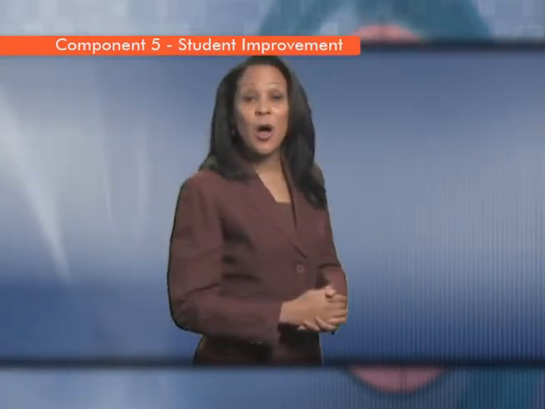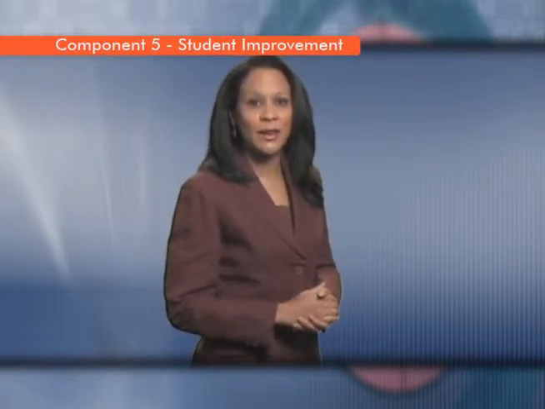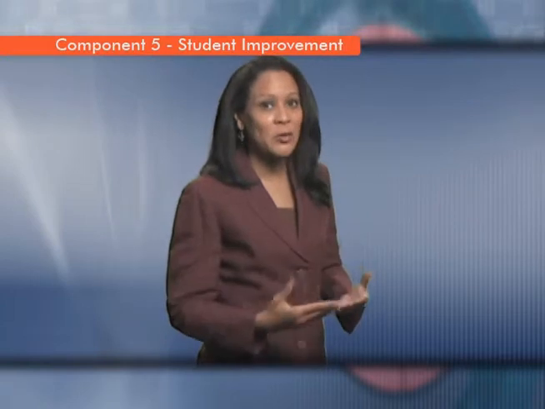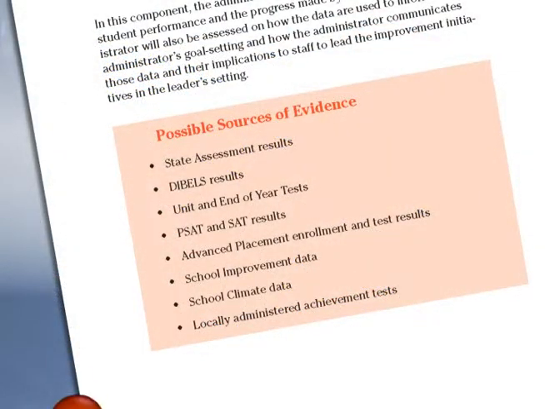The administrator will also be assessed on how the data are used to inform the administrator's goal setting and how the administrator communicates those data to the staff. Possible sources of evidence for assessment of student improvement include state assessment results and many other assessment results. A more complete list can be found on Guide page 16.